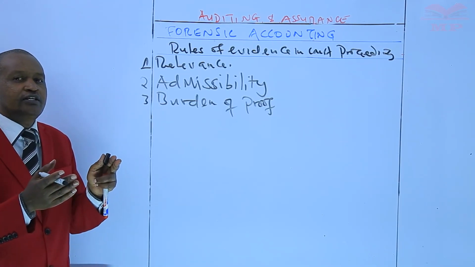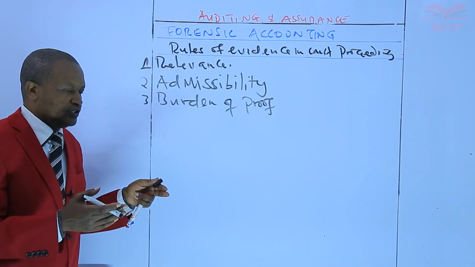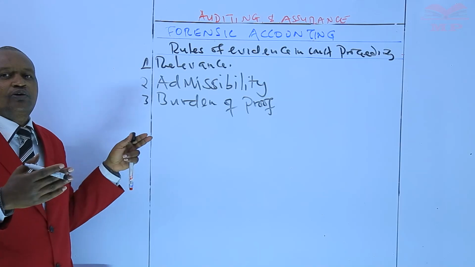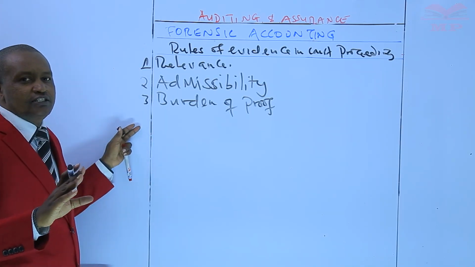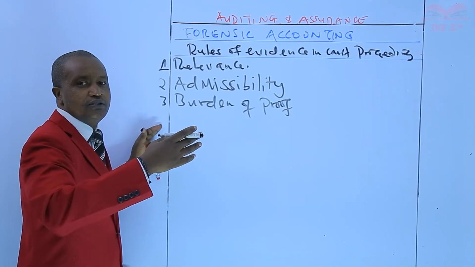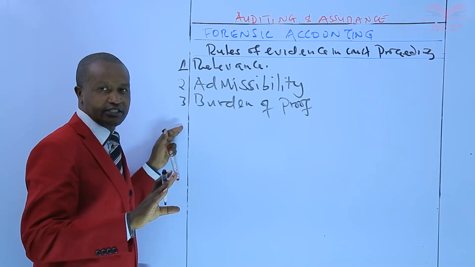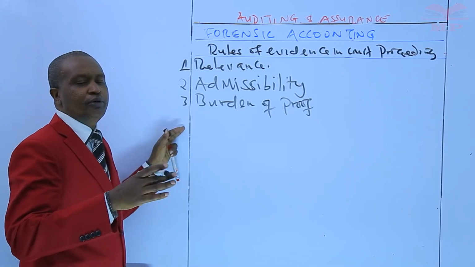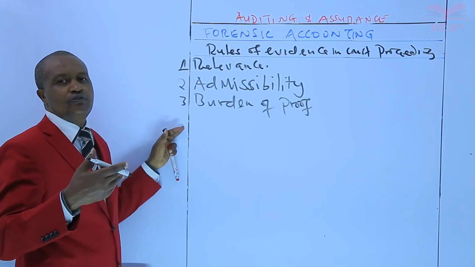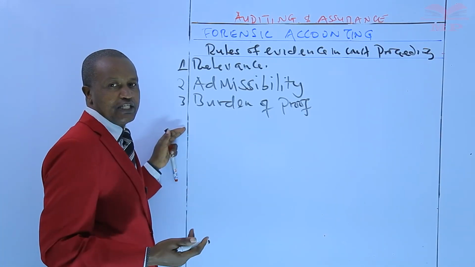So the standard of proof varies depending on the type of case, ranging from beyond reasonable doubt, which applies in criminal cases, to preponderance of evidence, which applies in civil cases.